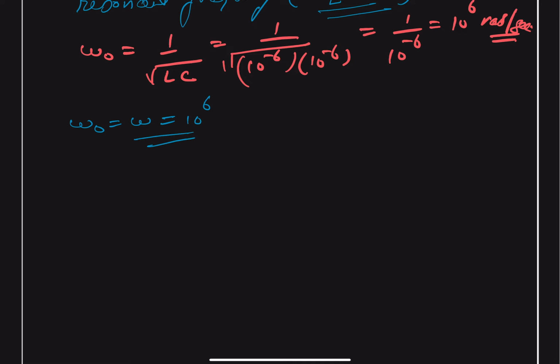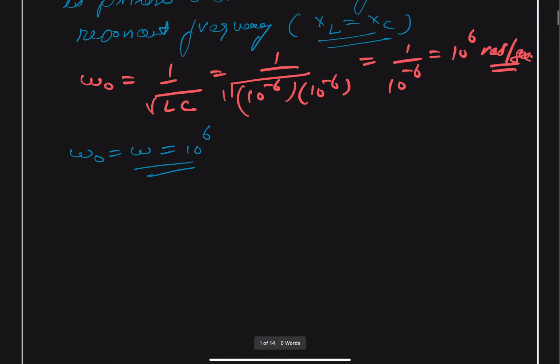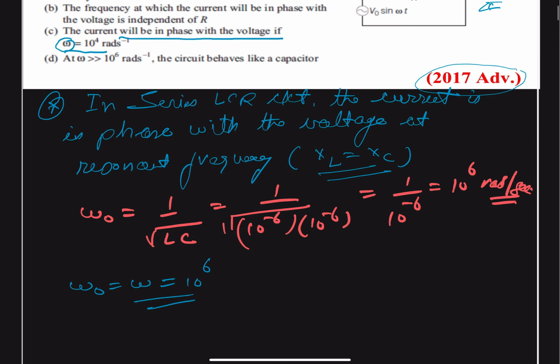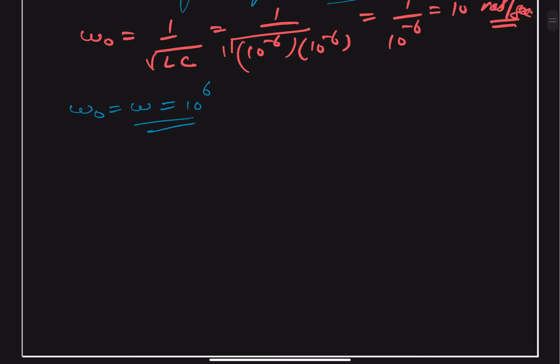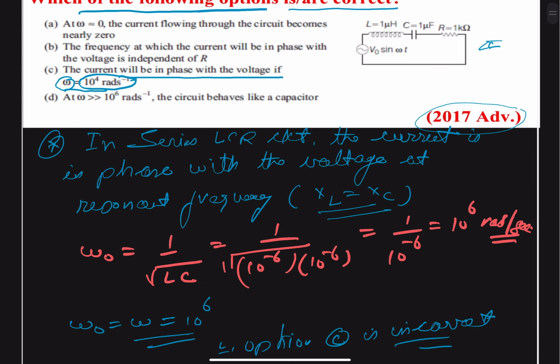Whereas in the question itself, it is given that for option C, omega should be equal to 10 raised to the power 4 radian per second. Therefore, we can say that our option C is incorrect. Okay, so option C is incorrect.